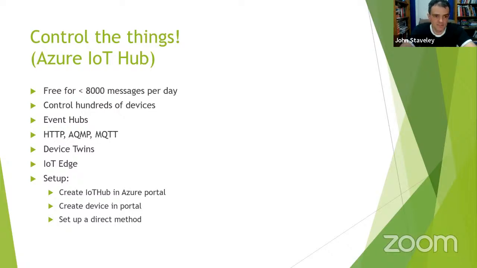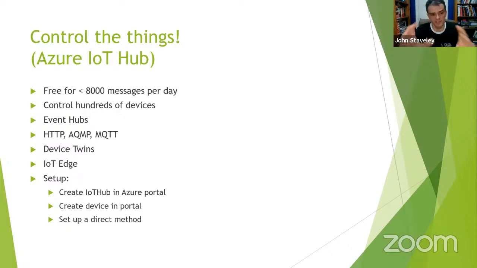It's got event hubs, so that's where the 8,000 messages comes in. It's an industrial strength messaging hub. And it supports a number of different protocols, HTTP, AMQP, and MQTT. I think I'm using MQTT this evening. And it's got some advanced concepts like device twins.